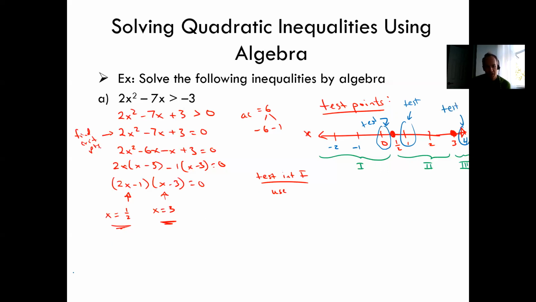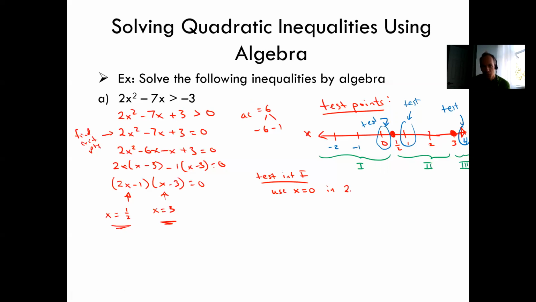If I'm testing interval 1 to see if these solutions satisfy the inequality, I'm going to use x equal to 0. Again, any point works. I'm going to put this back into the inequality, and you can either use the original or the simplified version, but it's actually safest to use the original.